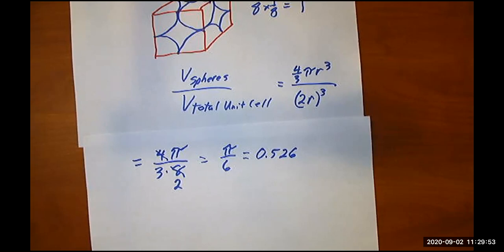Okay, so that's an example of how you can use some insight from coordination number to tell you what the structure is likely to be.